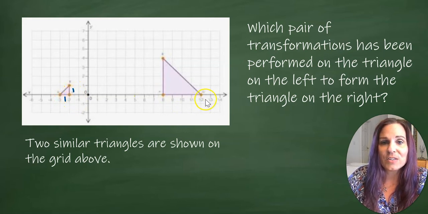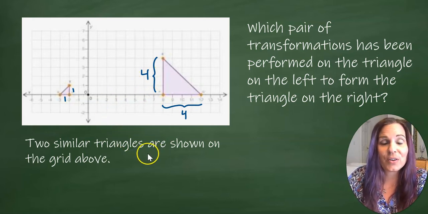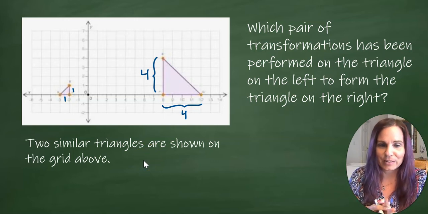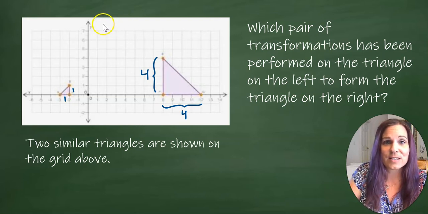The base of this triangle is 4, and the height is also 4. So it appears as though each of the lengths is 4 times as long. That would mean that some sort of scale factor was applied here, and that scale factor would have to have been 4. Right, so we have a scale factor of 4.